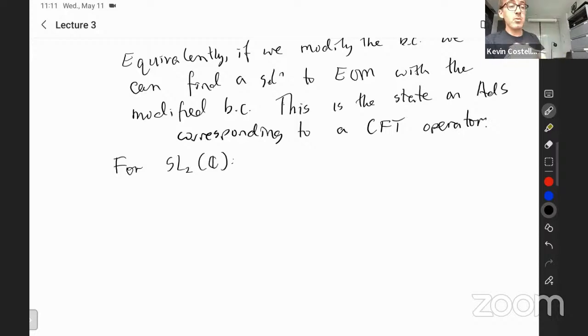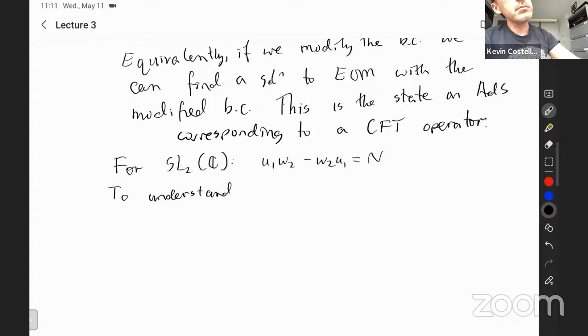To understand this, we need to think about what SL2C looks like near its boundary. SL2C is like U1 W2 minus W2 U1 equals N. To understand the boundary, let's make these into homogeneous coordinates.